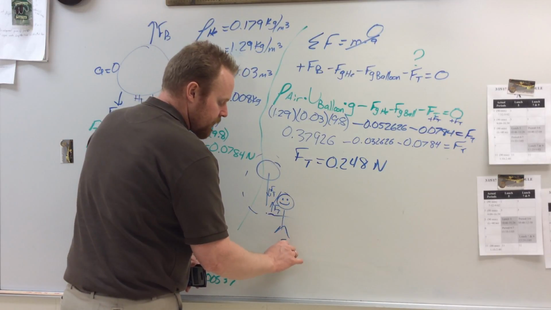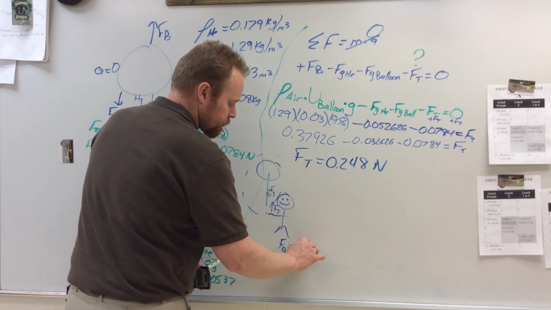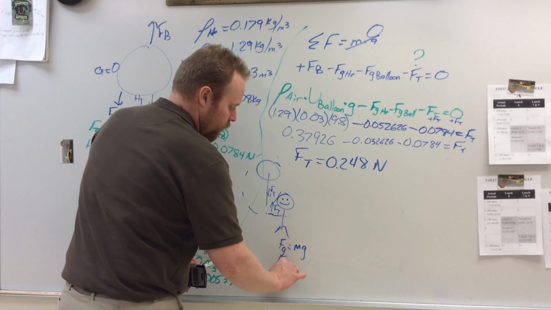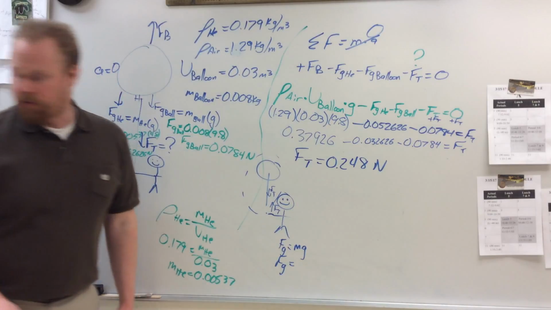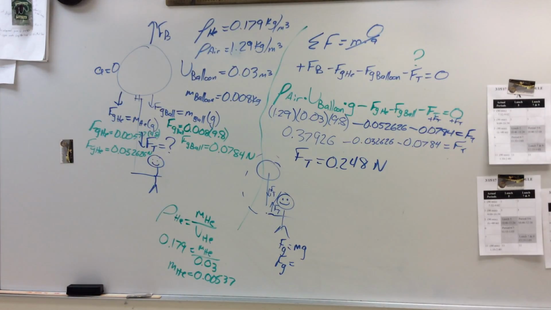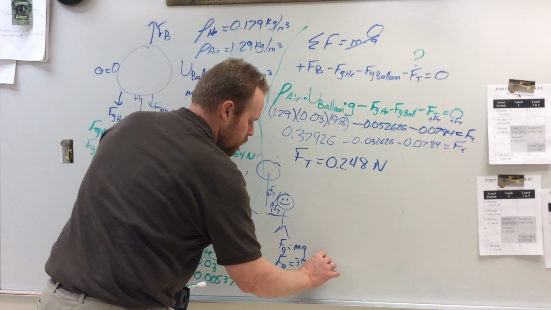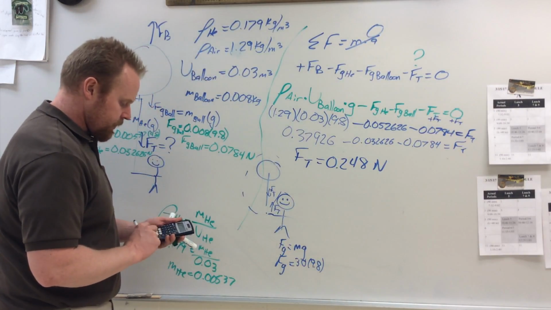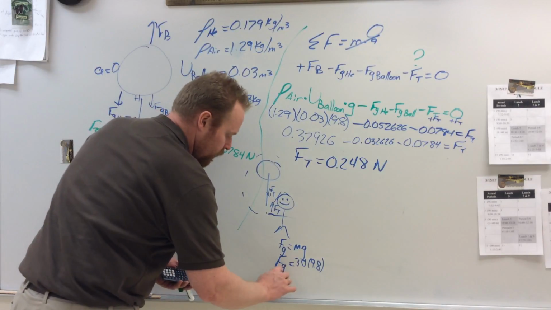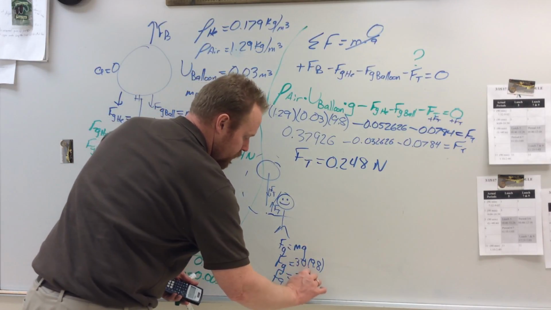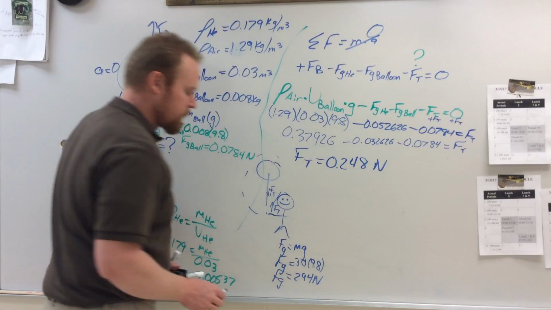So the idea is, if Russell has a mass of 30 kilograms, 30 times 9.8, he has a weight of 294 newtons.